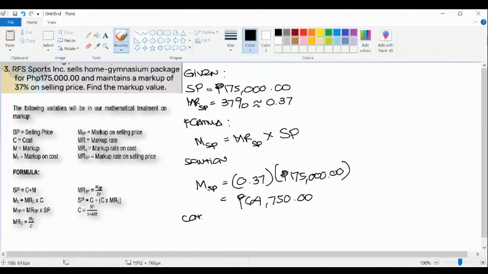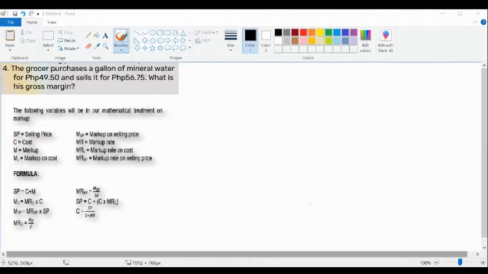So your conclusion, the markup value is 64,750 pesos.